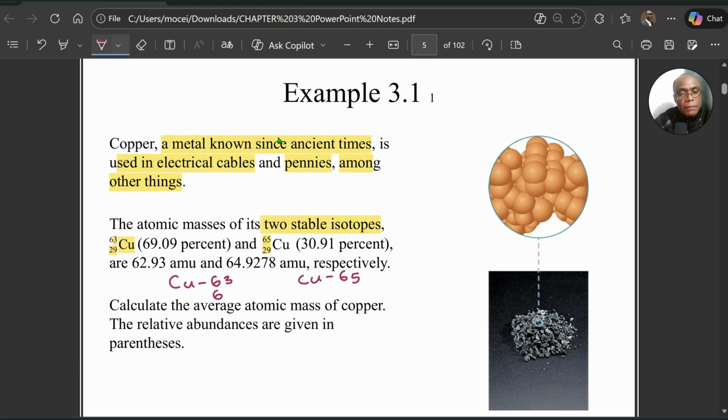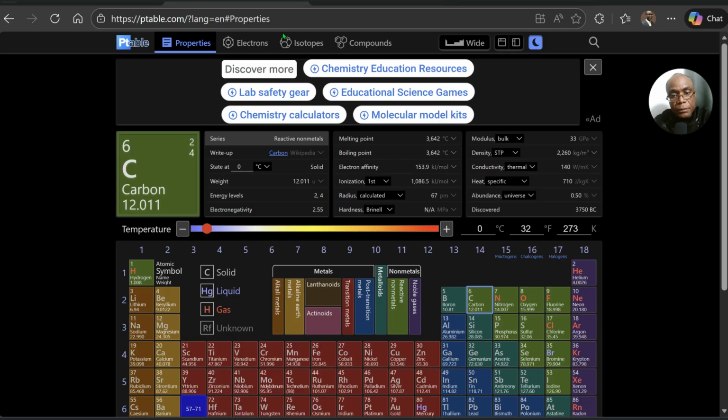Copper 63 is about 69.1%. Copper 65 is about 30.9%. So you can calculate the average mass of this element and see if the answer will match what you are given in the periodic table.